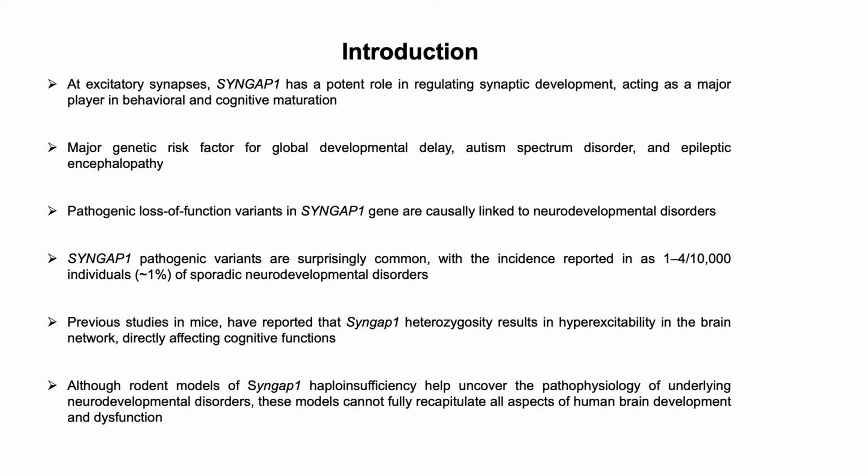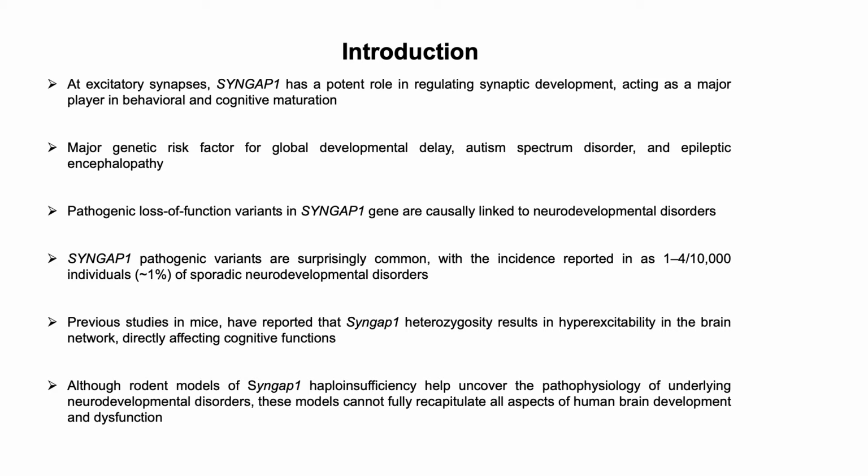SYNGAP pathogenic variants are surprisingly common, with the incidence reported as 1 to 4 per 10,000 individuals, which accounts for about 1% of the sporadic neurodevelopmental disorders. Previous studies in mice have reported that SYNGAP1 heterozygosity results in hyperexcitability in the brain network, directly affecting cognitive functions.